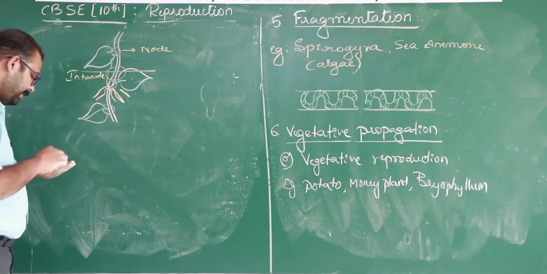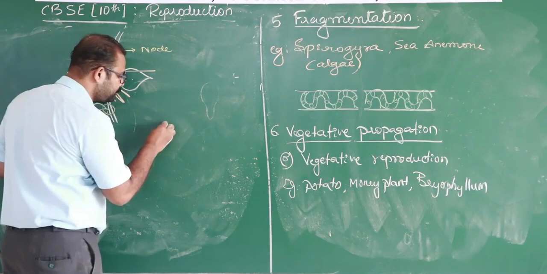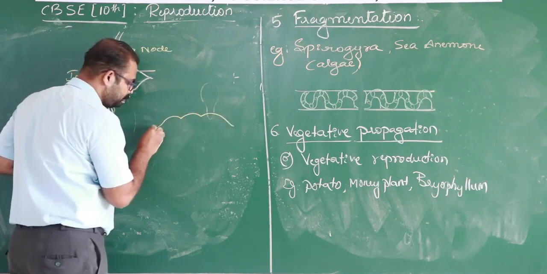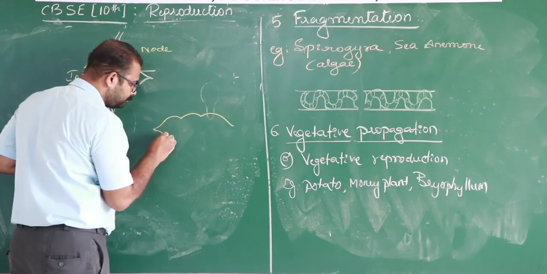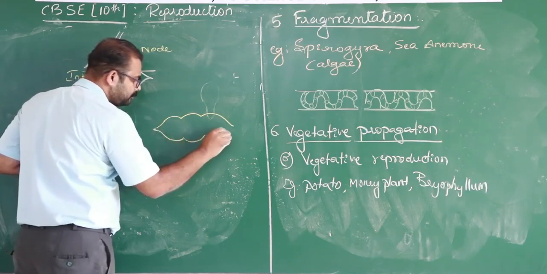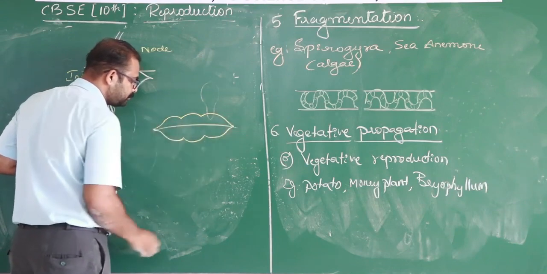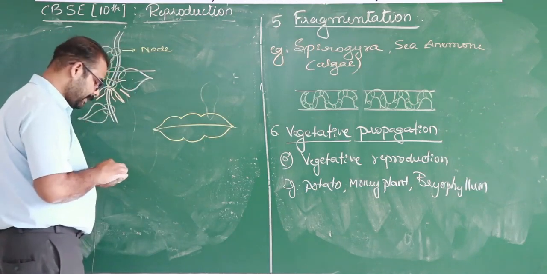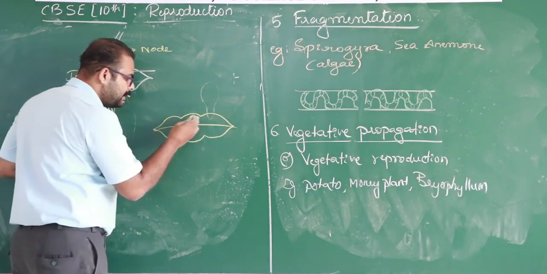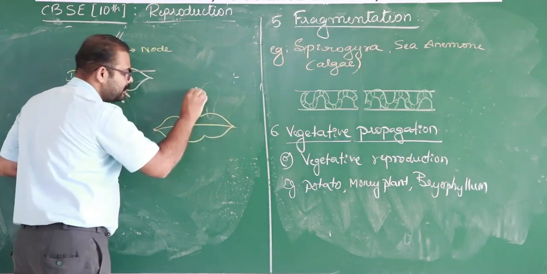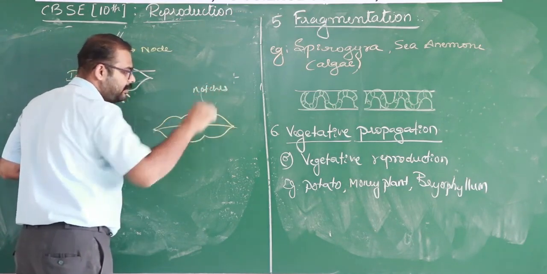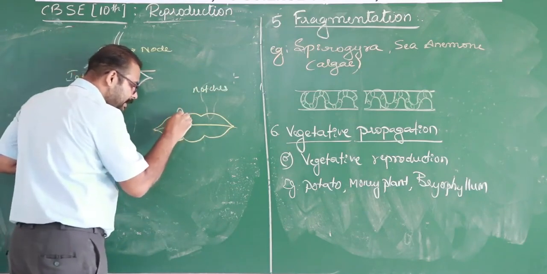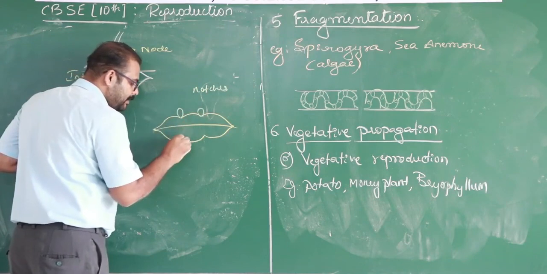And one more, bryophyllum. Here, this is the leaf of a bryophyllum. These are the notches, the edges of the leaf. In the notches of the leaf, it develops buds.